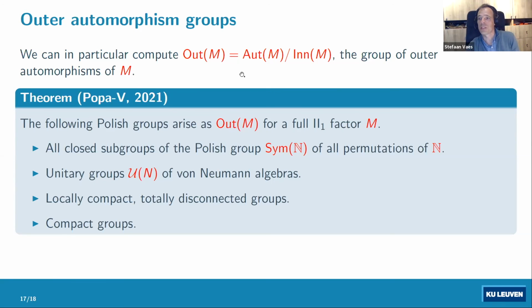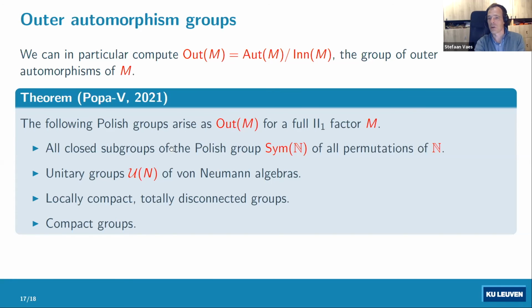Now, for some of these very rigid II_1 factors that we construct, you can actually determine all outer automorphisms. And then you can start wondering, what are the possible symmetry groups of II_1 factors? And many Polish groups are known to arise by now as outer automorphism groups of II_1 factors.